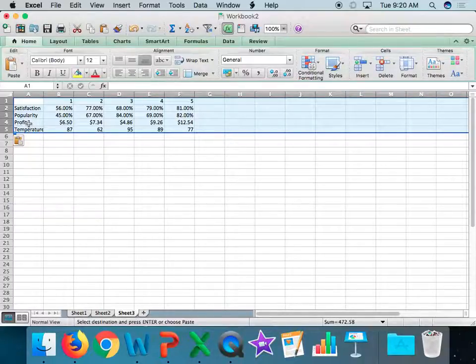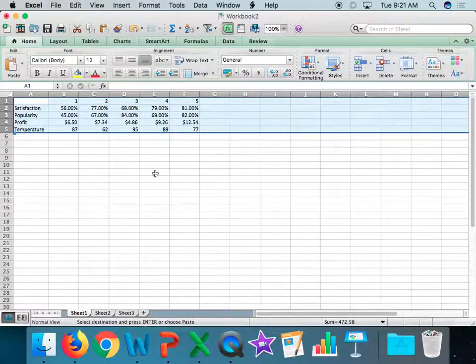I can't do satisfaction and temperature because they're measured different. I mean, think about your y-axis. I can't have degrees Fahrenheit and percentage on the same y-axis, can I? That would not work. So I have to choose 2 that are measured the same way. The 2 that are measured the same way are satisfaction and popularity. So I'm going to come back over to sheet 1.